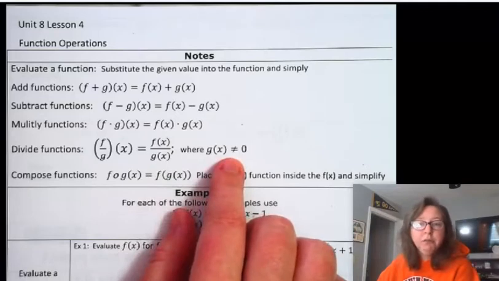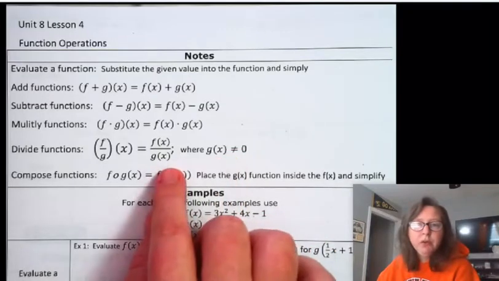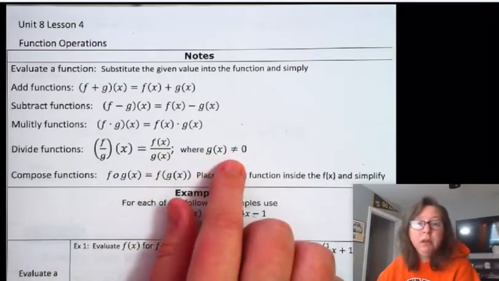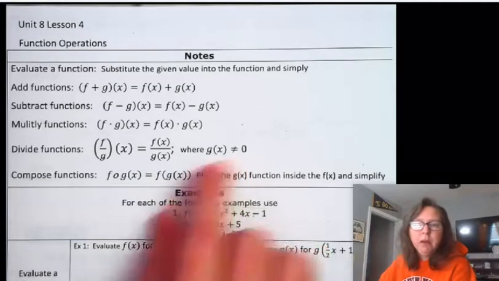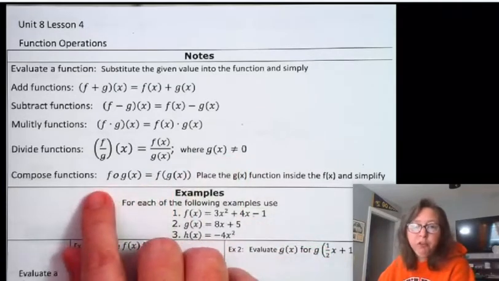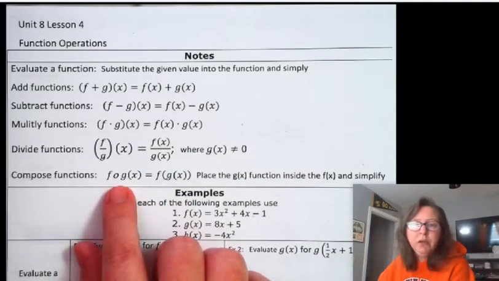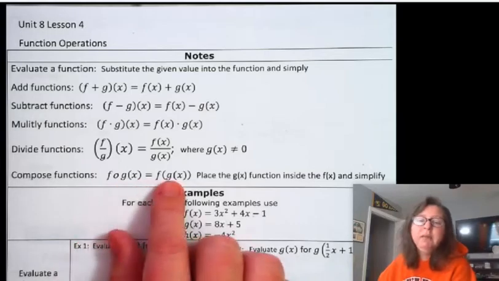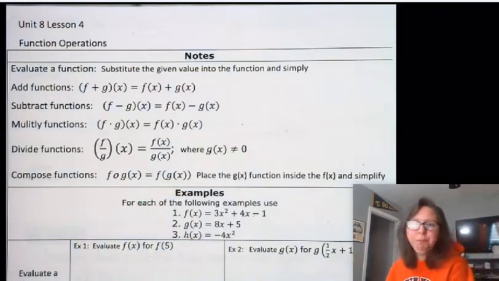You get an undefined number or value for that as an answer. And so we just need to be sure that our denominator function does not equal 0. And then finally, composition of functions is when you take one function and you put it inside of another function.